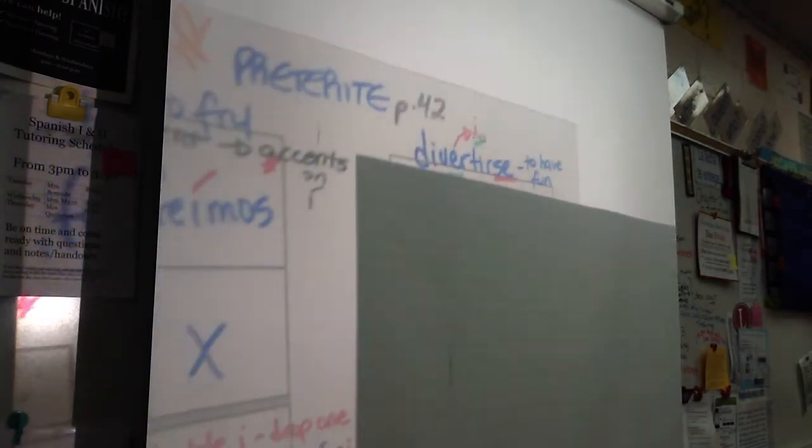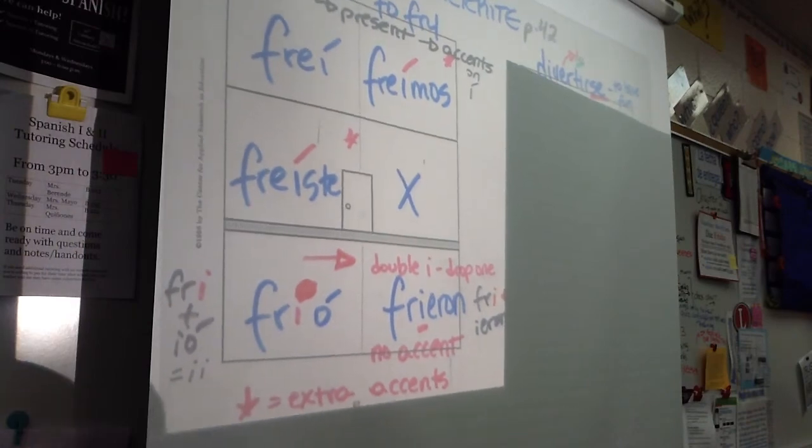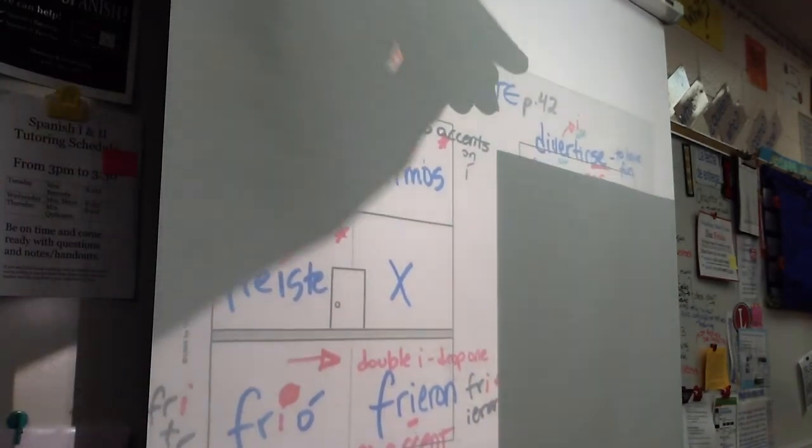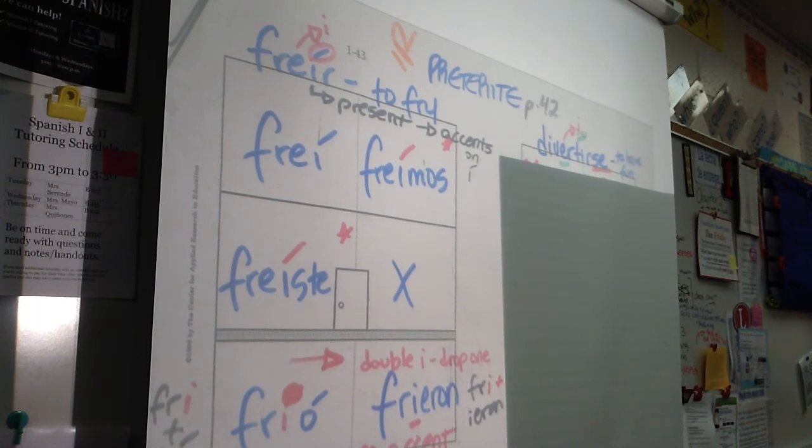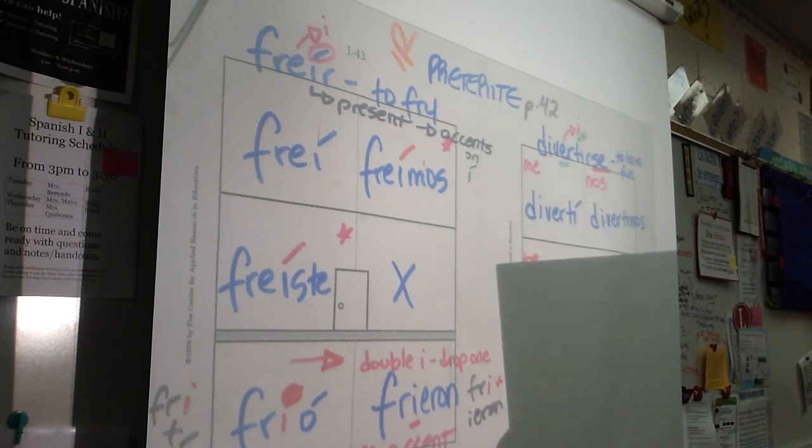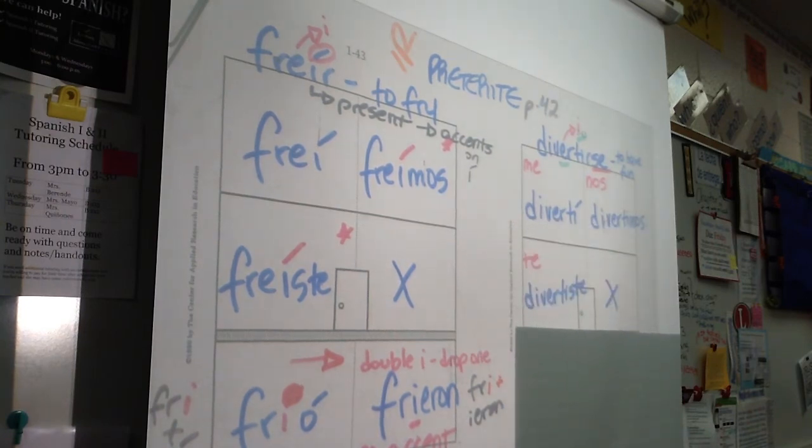Divertirse has the reflexive attached to it, so we have to worry about the reflexive. What do we do with it? How do we take care of that reflexive? Put it in front and just depending on the right one. So me, te, se, nos, and se. Then regular conjugations above the basement. Top three, regular endings for preterite tense.